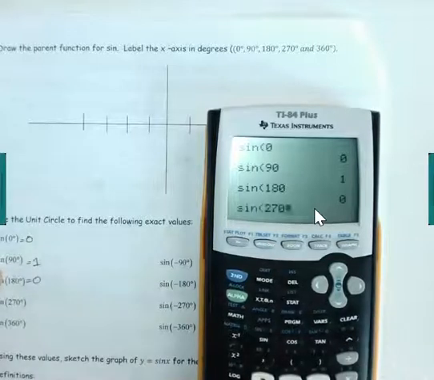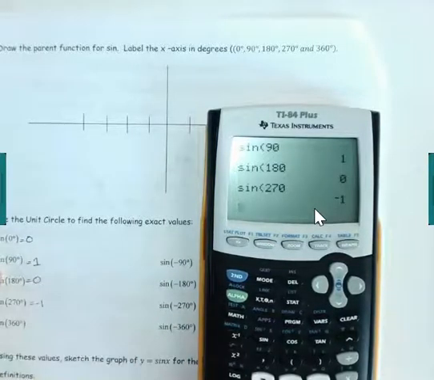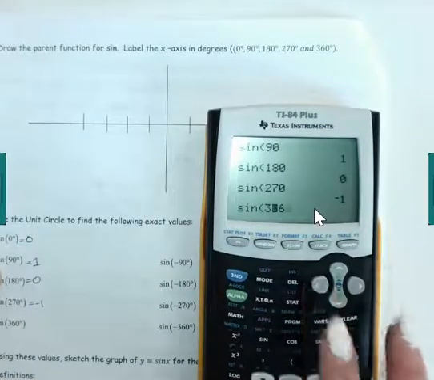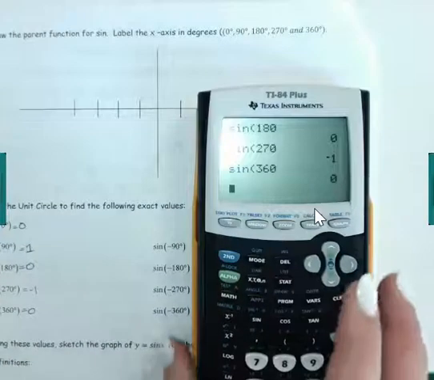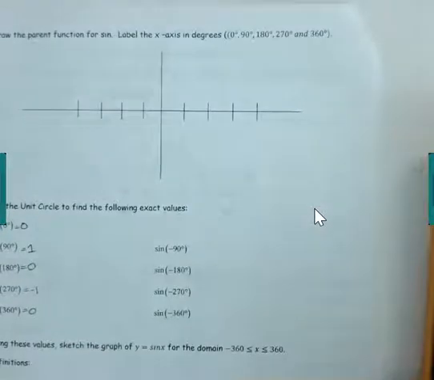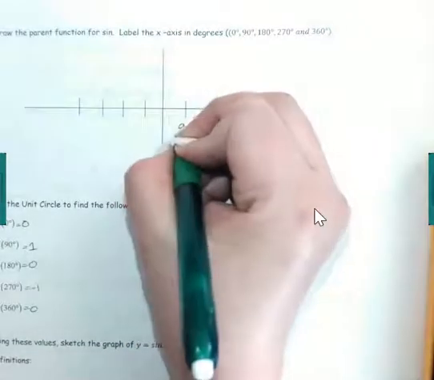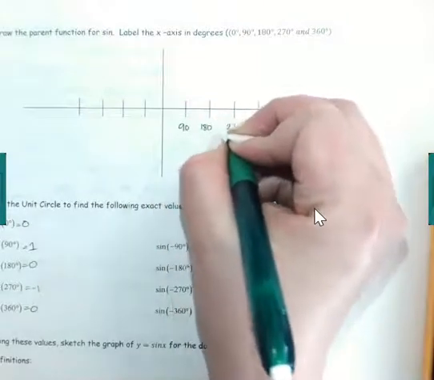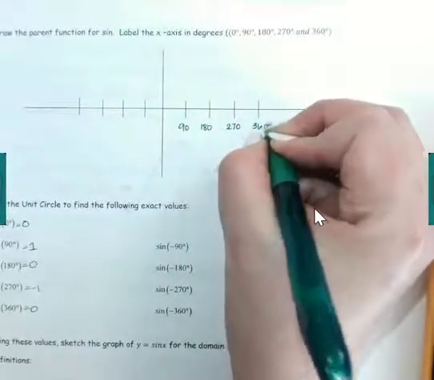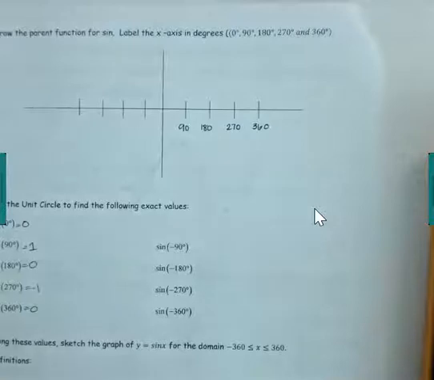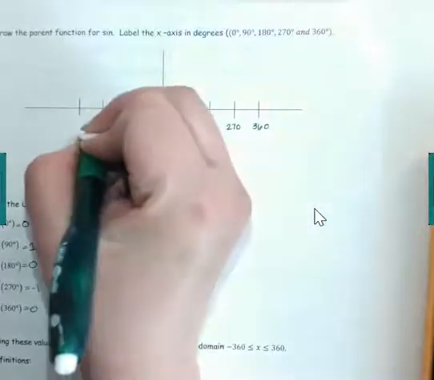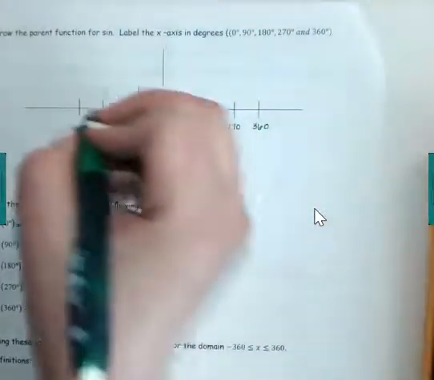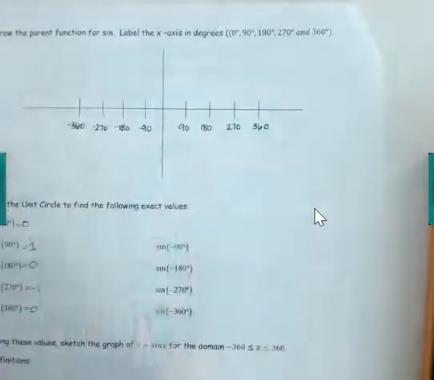Sine of 270 is negative 1. And then sine of 360 is back at 0. So this is 90, 180, 270, 360. This is negative 90, negative 180, negative 270, negative 360.